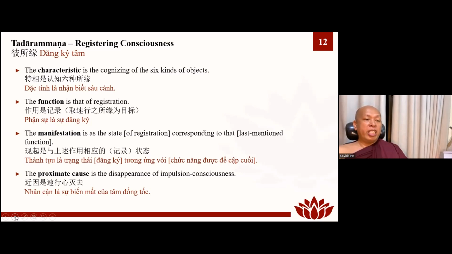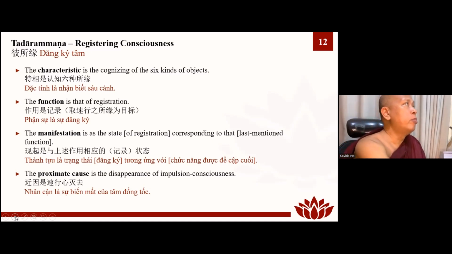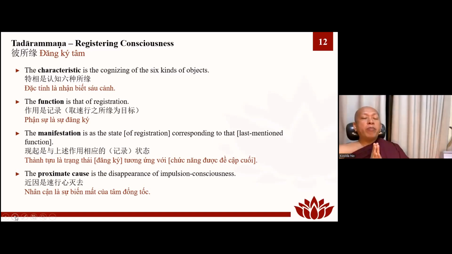The proximate cause is the disappearance of embodiment consciousness. Actually, there are many things about mental process. After learning mental process, if we approach Tadalambana and all these things, it will be easier. But now it will be very difficult for you to remember all these things. Okay, so here I didn't mention anything about functional consciousness, that means the characteristics, function, manifestation and proximate cause of functional consciousness, because it's not for ordinary people, it's just for arahants.